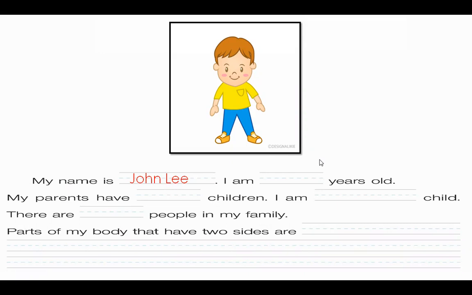I am 7 years old. My name is John Lee. I am 7 years old. My parents have 7 children.